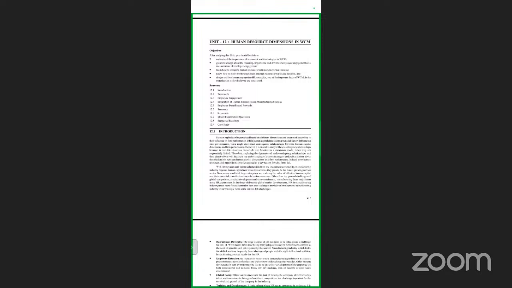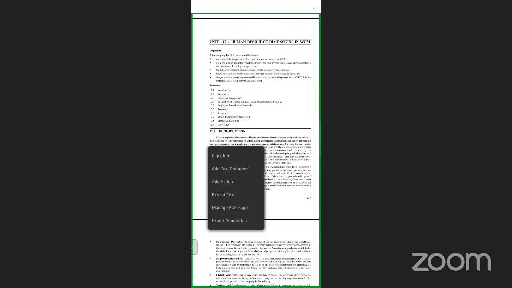So now let's look at what is human capital, how it can be perceived based on different dimensions, and examined according to their influence on firm performance, while human capital dimensions are crucial factors influencing the firm performance.